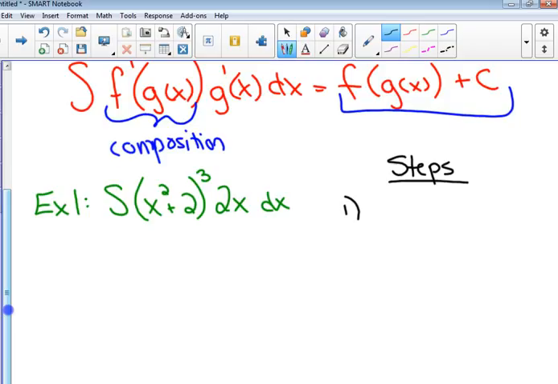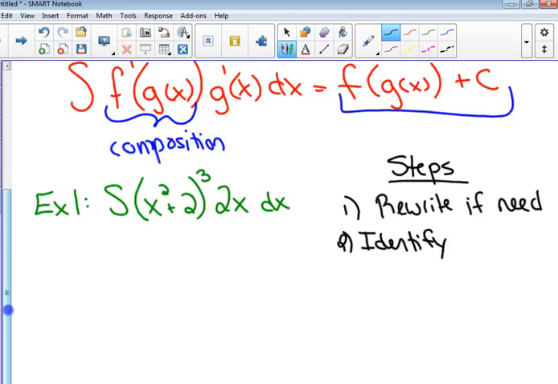Like if you have something that's a radical, we rewrite it, if you need to. Step 2, we're going to identify the tougher part as u. Usually it's the thing that looks tougher, or what's inside an exponent.